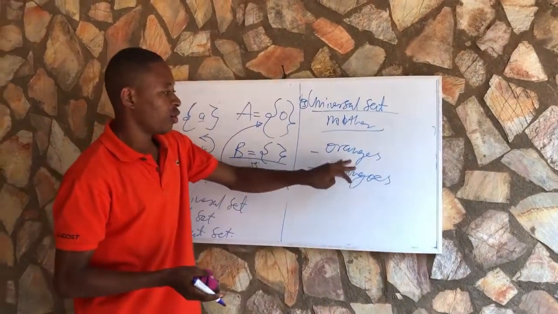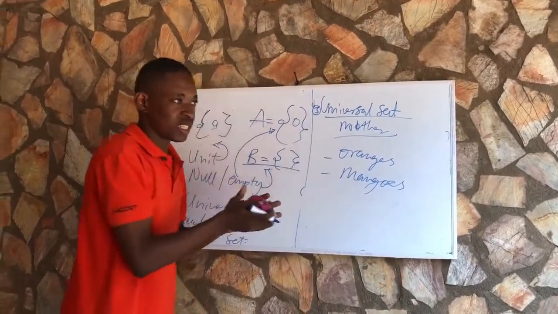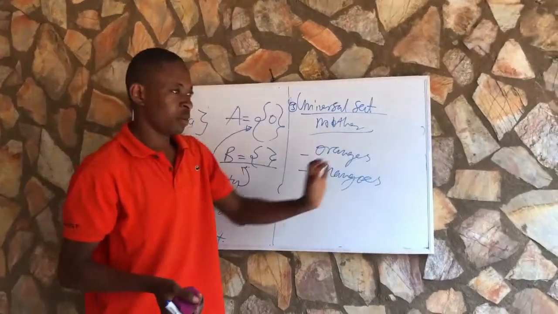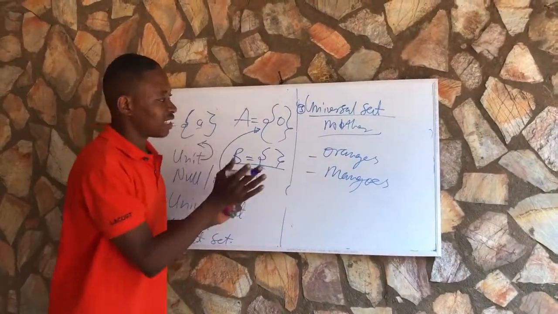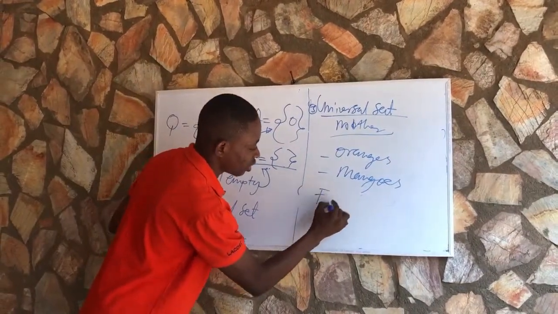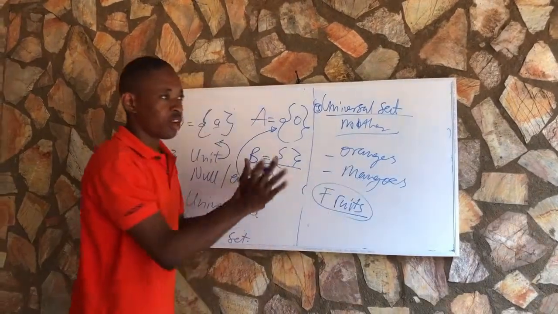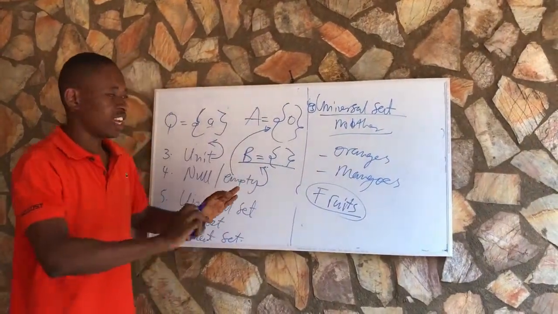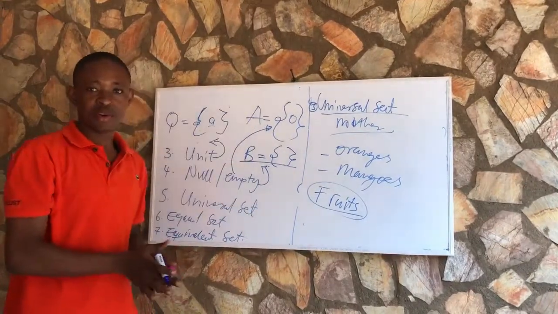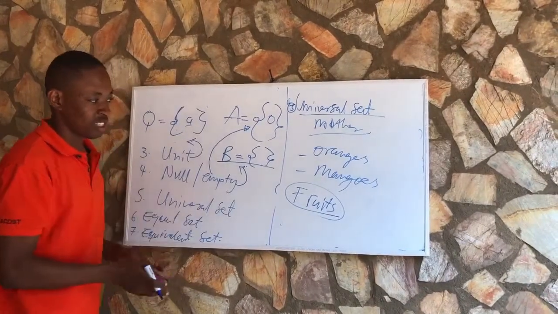If we are talking about oranges and mangoes, these are the subjects we are discussing. So we are talking about a set that contains oranges and mangoes. The universal set of this discussion can be or would be fruits, because oranges and mangoes are fruits. So the universal set is like the greater set, which contains all the elements or all the various aspects that we are discussing. So that is the universal set.